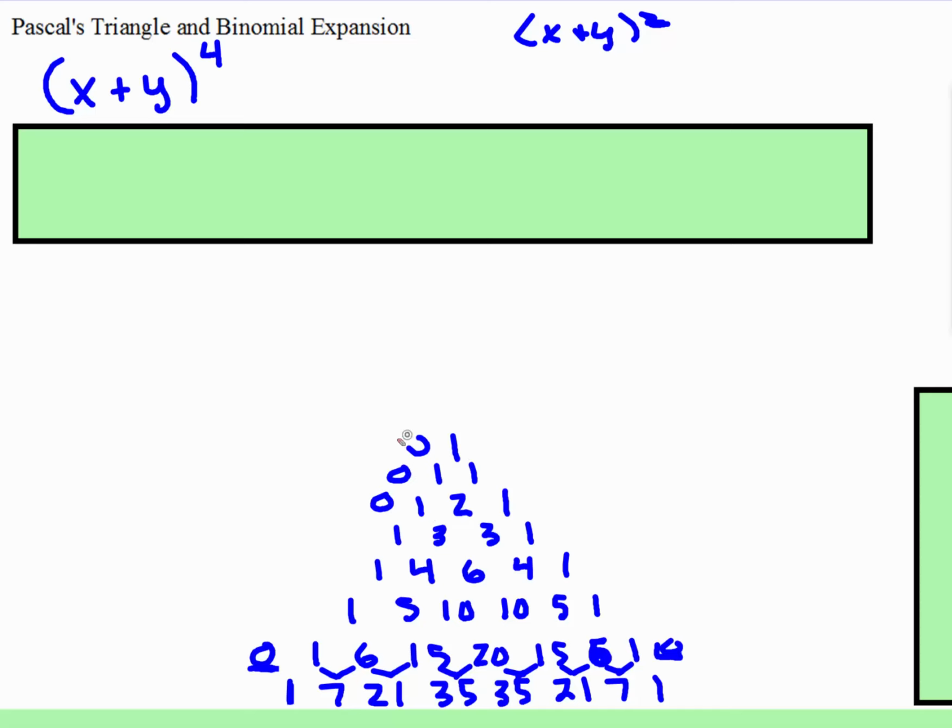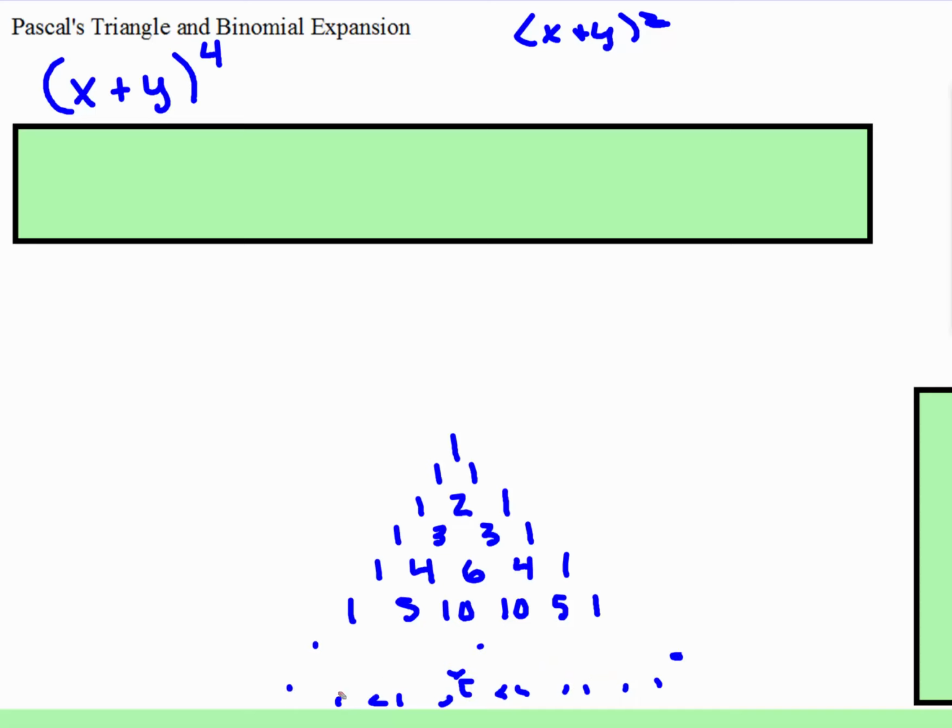Let me erase some of this stuff so it doesn't look so crazy. And what Pascal's Triangle does, it tells us how to expand binomials to a certain power. So this would be a binomial squared.